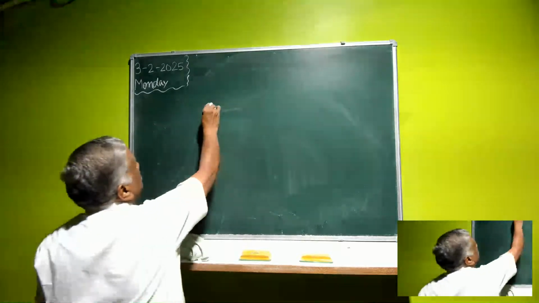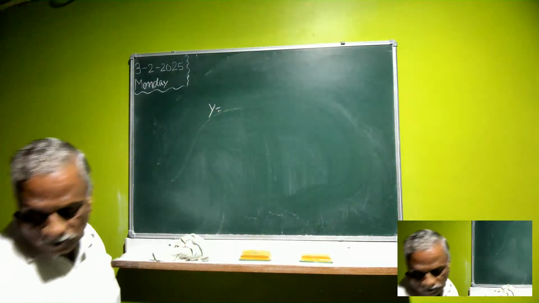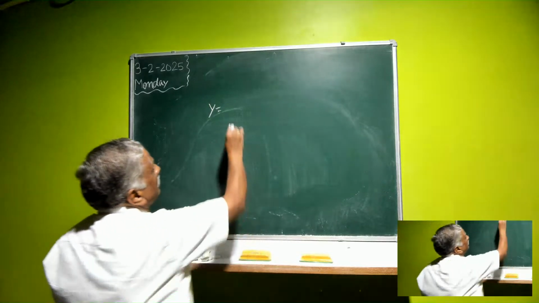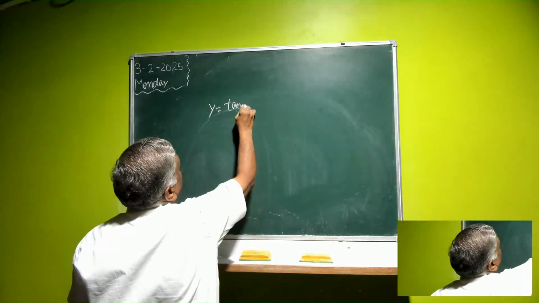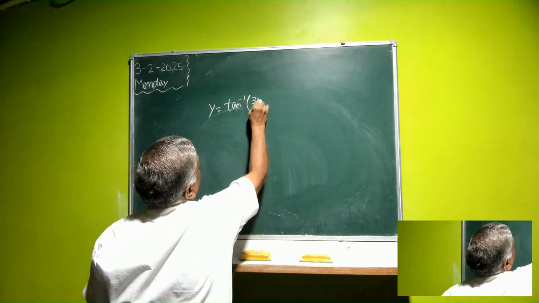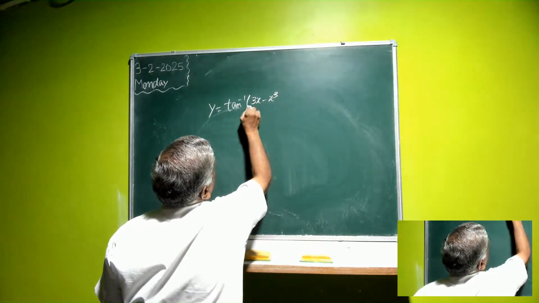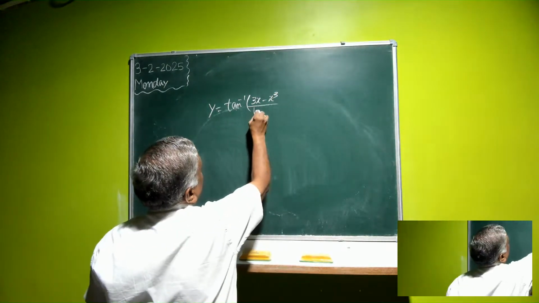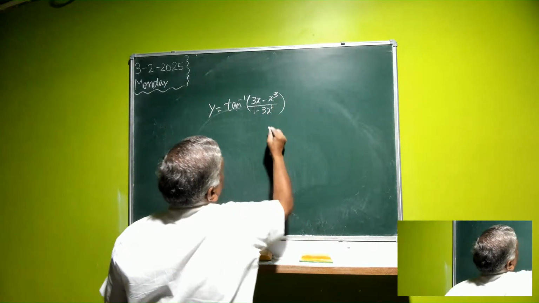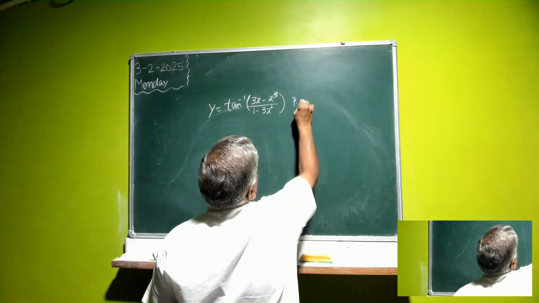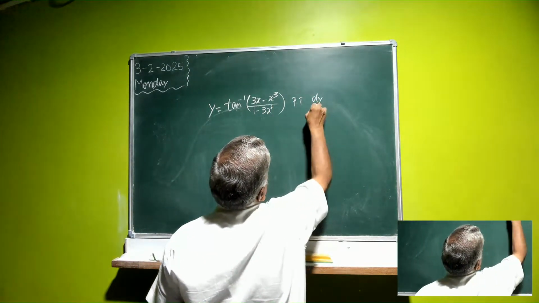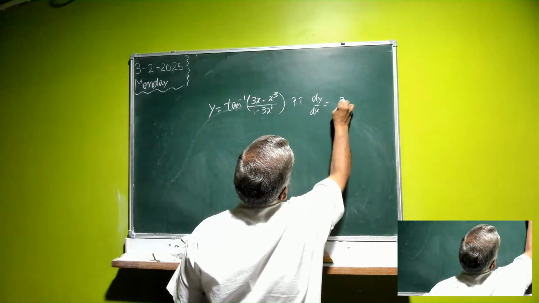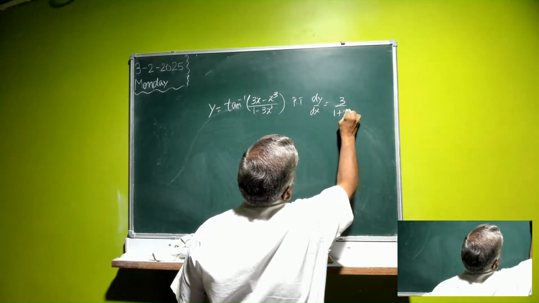A problem like this is given. y is equal to tan inverse of (3x minus x cube) over (1 minus 3x square). If they give you this, prove that dy by dx is equal to 3 over 1 plus x square.